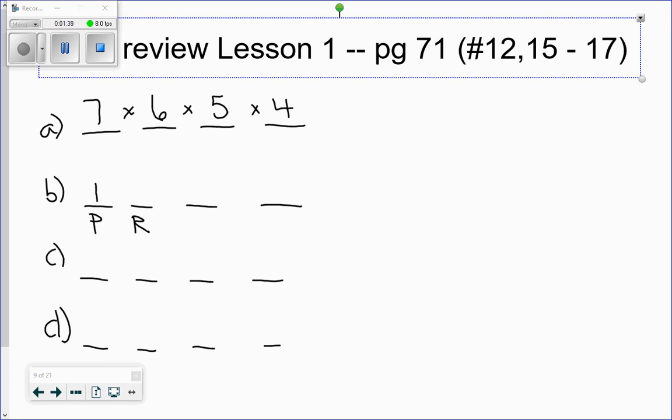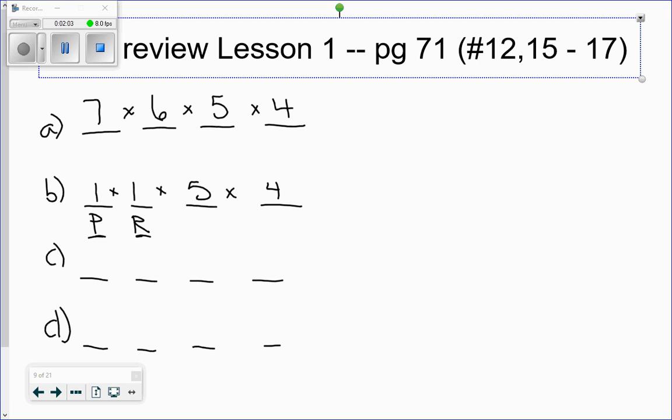How many R's? 1. So you've used the P tile and the R tile. How many tiles do you now have left? 5. So 5 times 4. Okay? So these are what we would call your restrictions. So you always fill in those first and then fill in the other blanks around it.